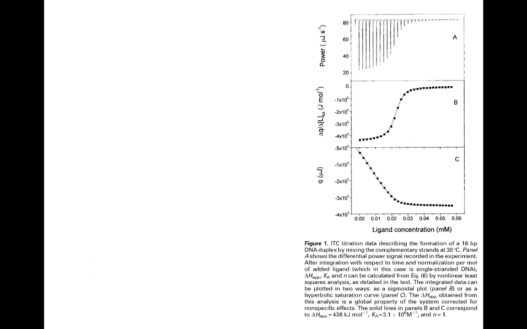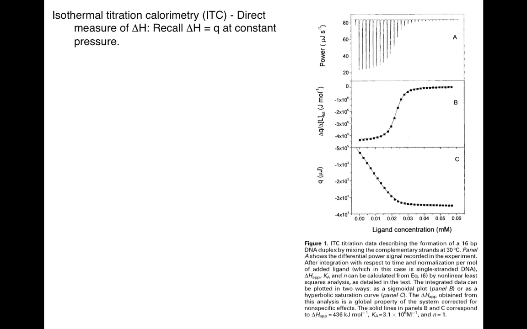Okay, now I just want to end this by mentioning there is another way of getting enthalpy directly in a method called isothermal titration calorimetry, and this is actually a very powerful method because, as I'll show you, it exploits some very basic thermodynamics without any assumptions.